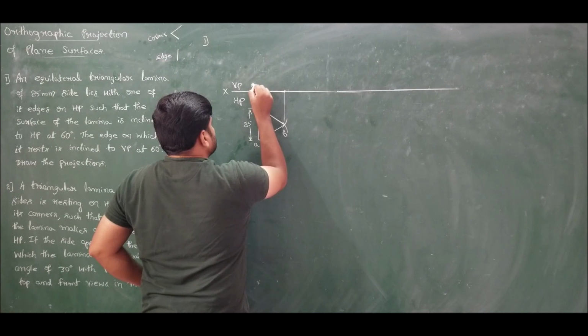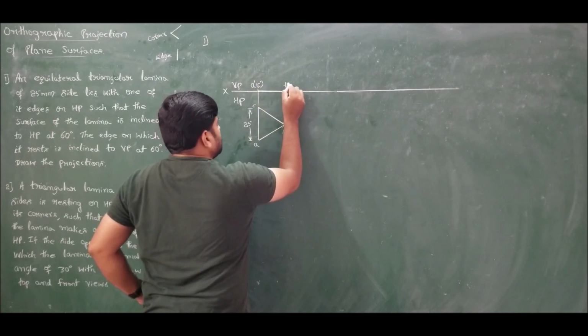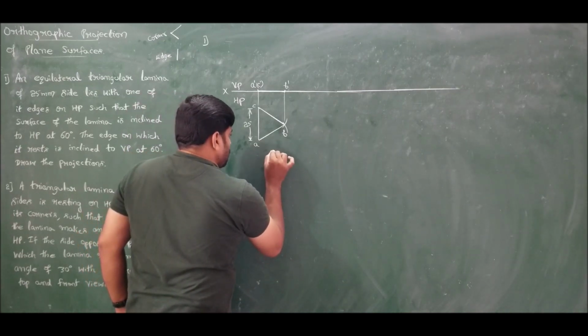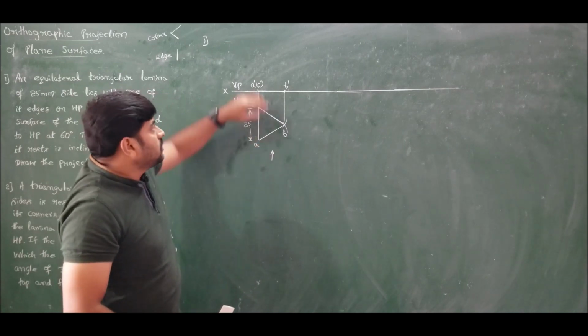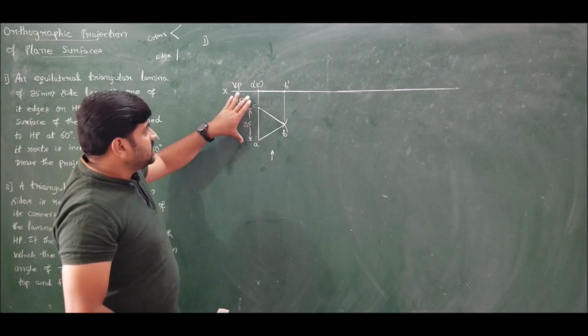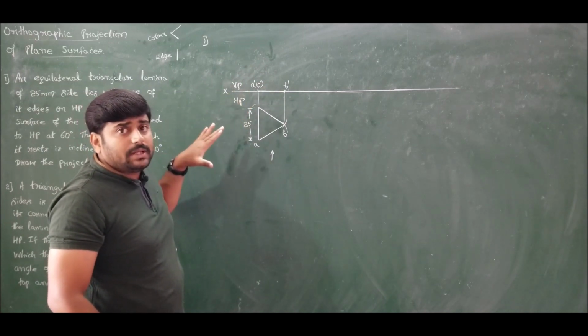So here it is A dash, C dash, and here it is B dash. In the front view this is the position of the observer. In the top view this is the position of the observer. So this completes the first position. The lamina is resting on HP without inclining to any of the planes.